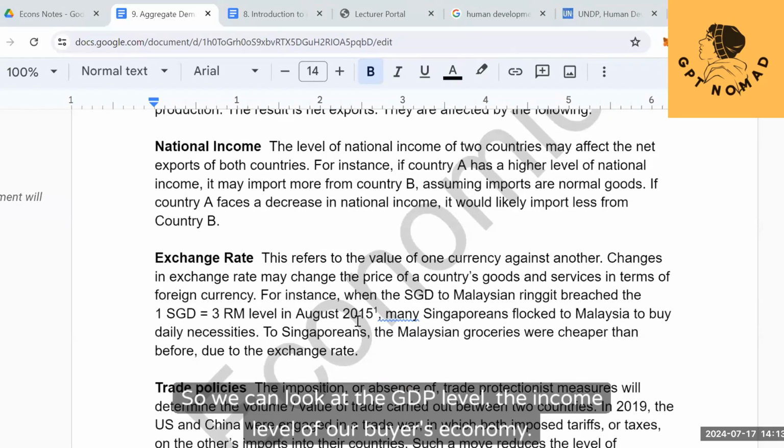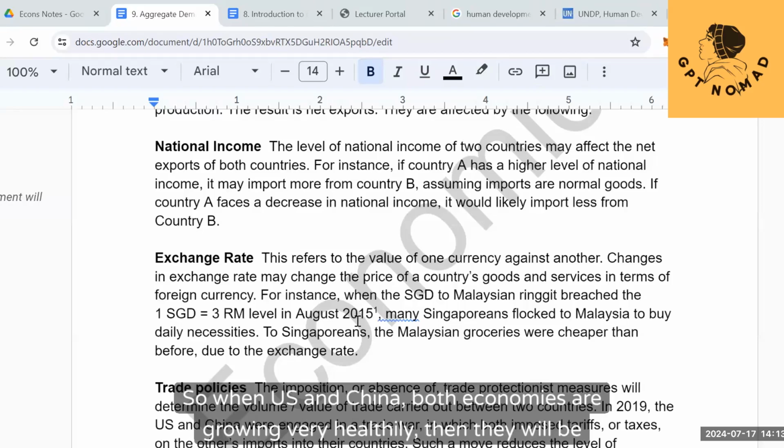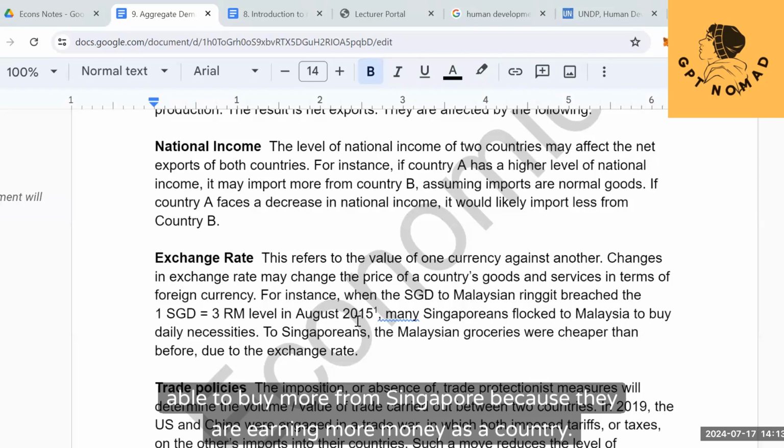So what can actually affect how the foreigners buy from us? We can look at the GDP level, the income level of our buyers' economy. Suppose today, let's say Singapore, the biggest buyers from Singapore are the US and China. So when the US and China economies are both growing very healthily, they will be able to buy more from Singapore, because they are earning more money as a country.